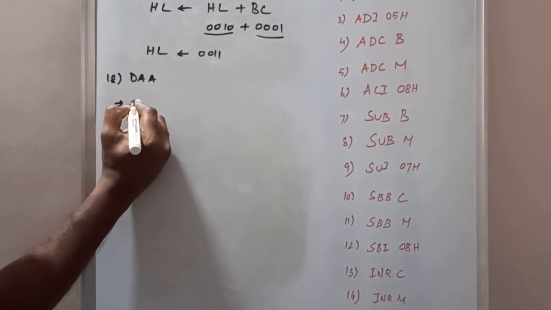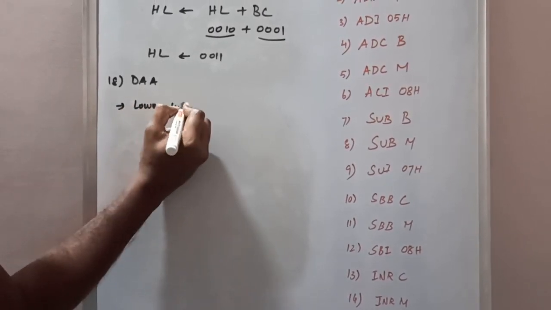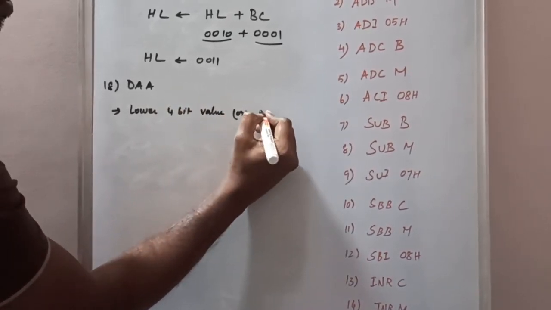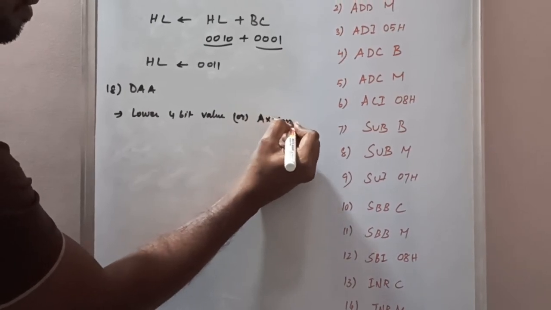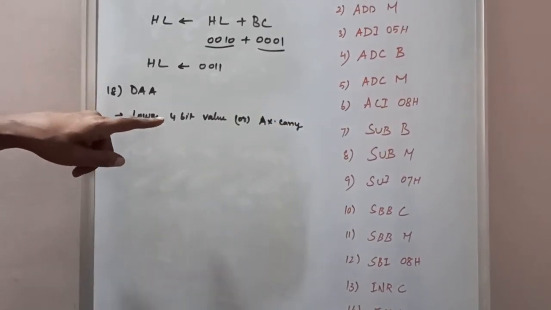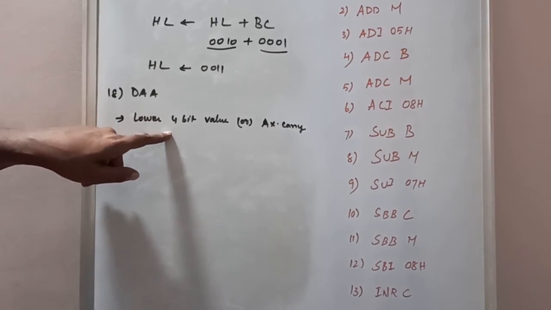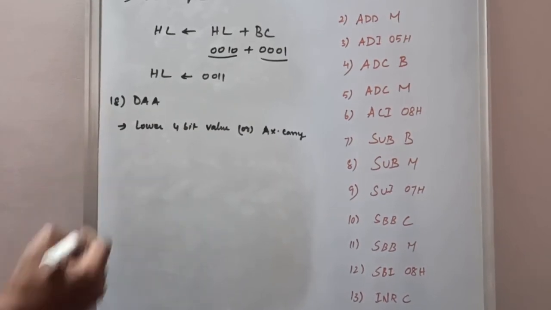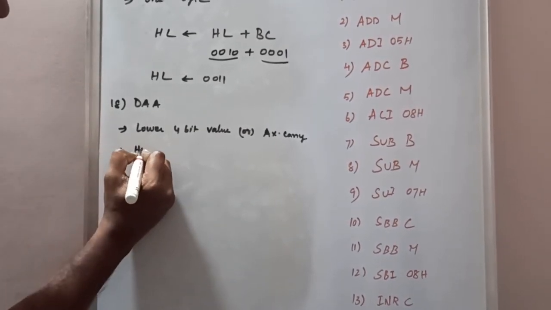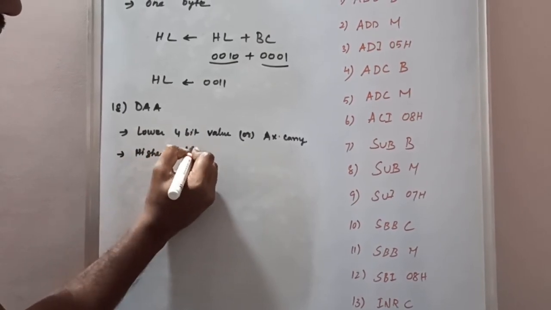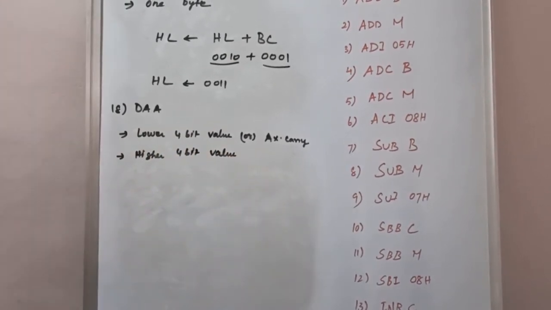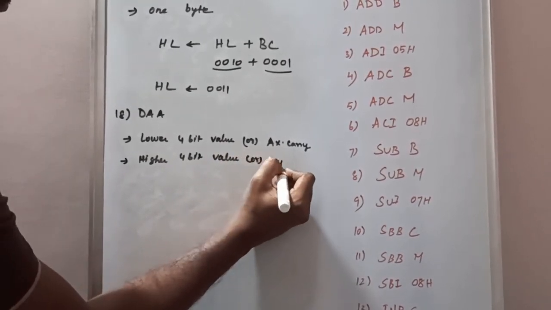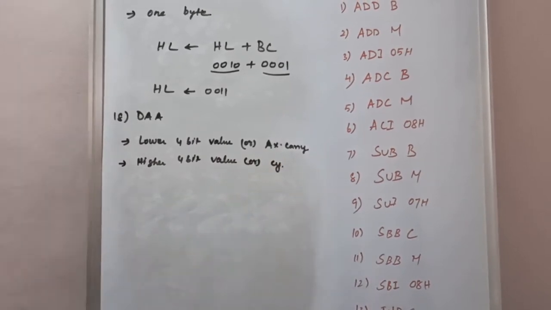The first case: you check the lower 4-bit value, whether it is greater than 9 or less than 9, or whether any auxiliary carry is present in the lower 4 bits. The second case: check whether the higher 4-bit value is greater than or less than 9, or whether any carry is present in the higher bits.